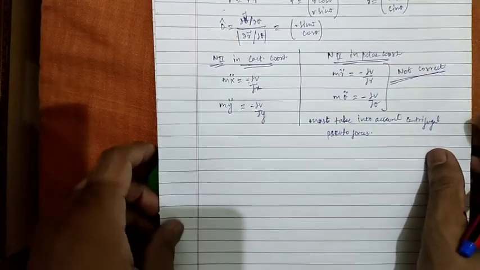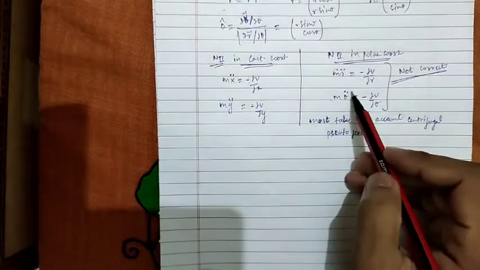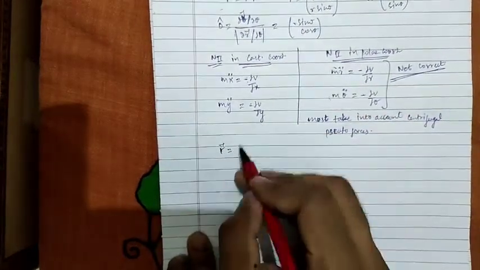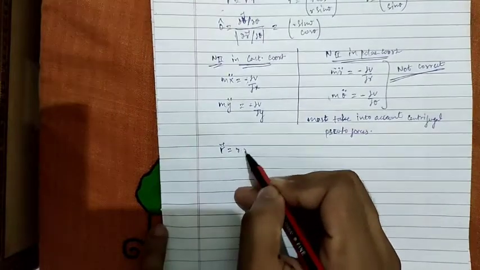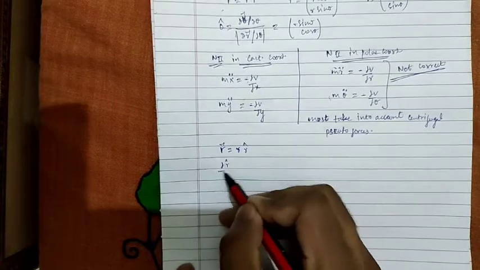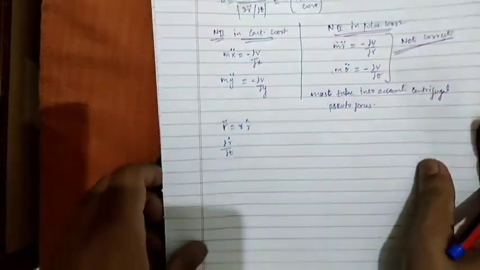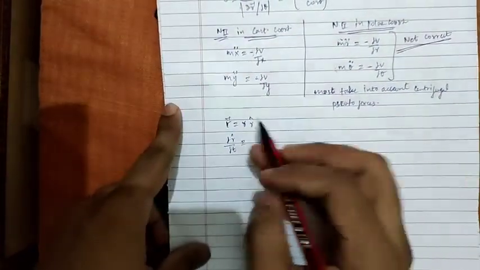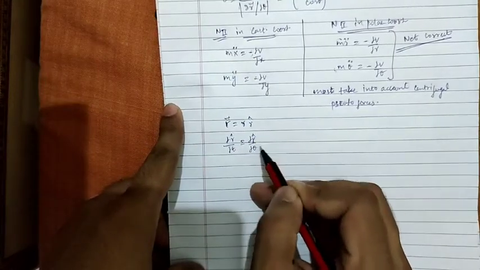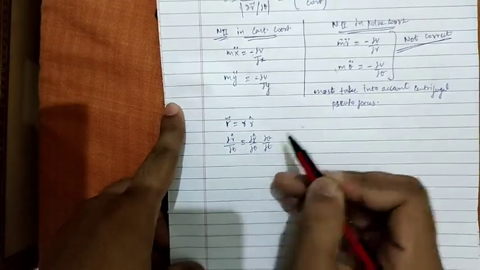Now to know these values, we know that the position vector is represented as r cap. On differentiating r cap with respect to time, on some manipulation we can also write this as dr cap by d theta times d theta by dt.